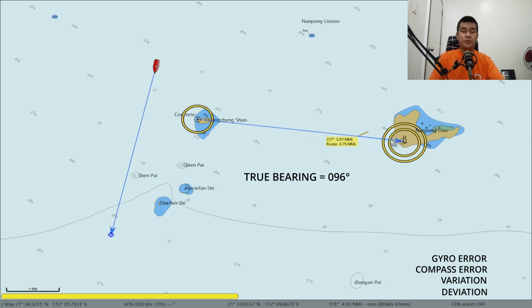Now, in order to calculate our gyro error, we need the gyro bearing. Since I don't have any gyro compass here, I will just think of a value for that. 0.96 degrees for our true bearing, and then I guess 0.95 degrees for our gyro bearing.